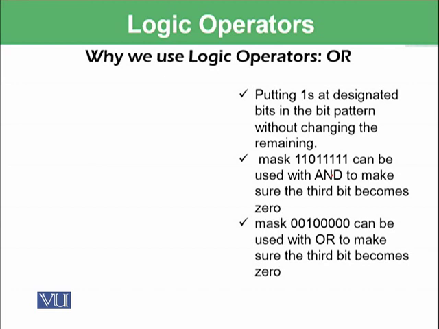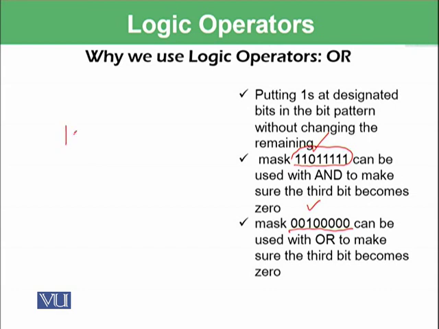And then, when to use OR? For putting 1 at designated bits in the bit pattern without changing the remaining bits, you can use an OR operator. Similarly, you can use a mask with AND to make sure that the 3rd bit becomes 0, because the others are 1 and they will not change the remaining bits of the input. And you can use OR with a mask to make sure that the 3rd bit becomes 1 and the other bits remain unchanged.